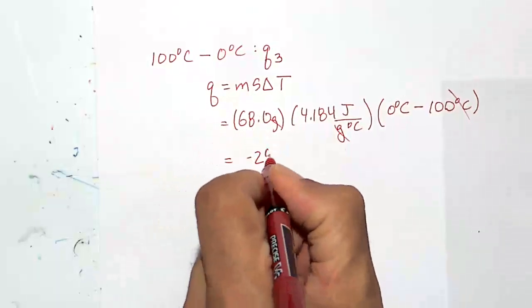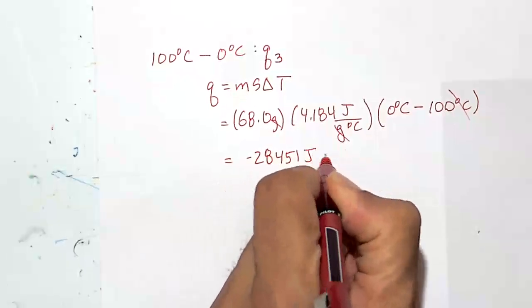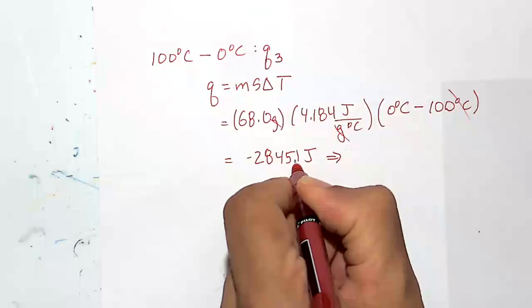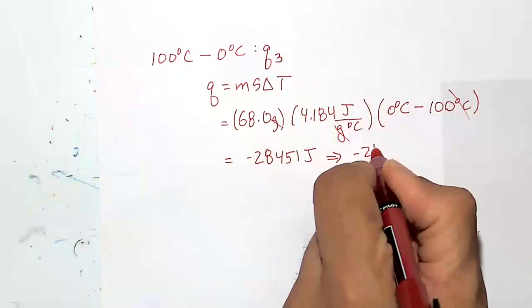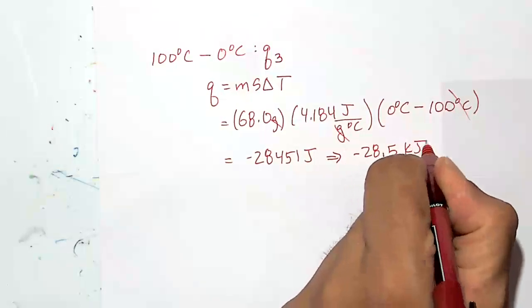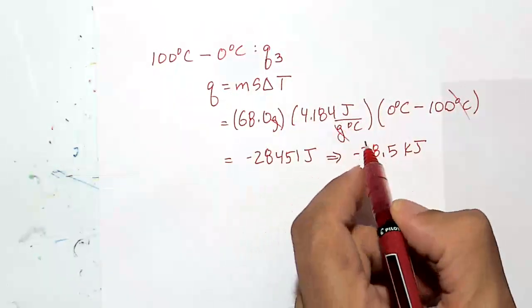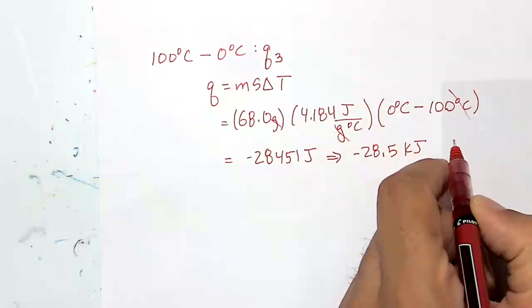Let's convert that to kilojoules because we converted the other ones to kilojoules. All right, we'll divide by 1,000 to get it to kilojoules, and that is 1, 2, 3. Okay, minus 28.5 kilojoules. Okay, if you're rounding, I'm not going to take off points for rounding. This is going to be our Q3.